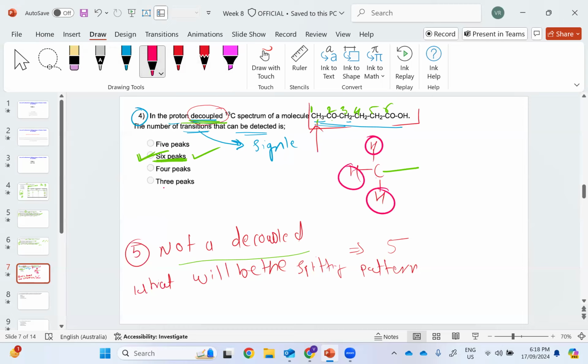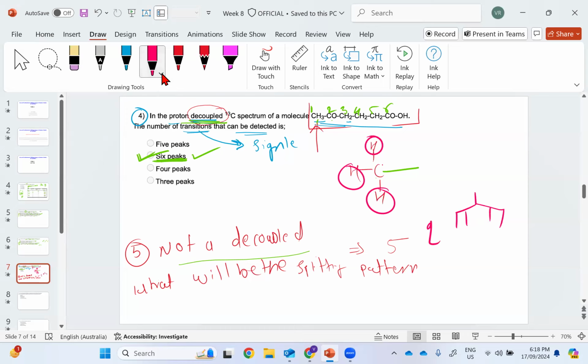What happened? Because of three protons, this carbon will show initially a triplet, right? Not a triplet, we get the quartet. By the 2nI plus 1 formula, we get the quartet due to these three.